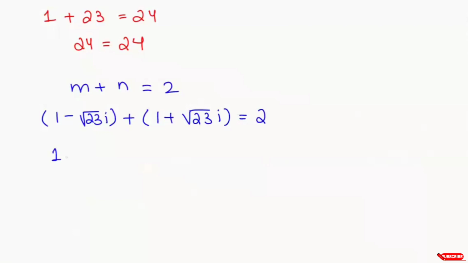Now this will turn to minus root of 23 iota and plus 1 plus root of 23 iota is equals to 2. Here this and this get cancelled. Here we'll get 2 is equals to 2. So the left hand side equal to the right hand side. So the value of m2 and n2 we found out is also absolutely correct.